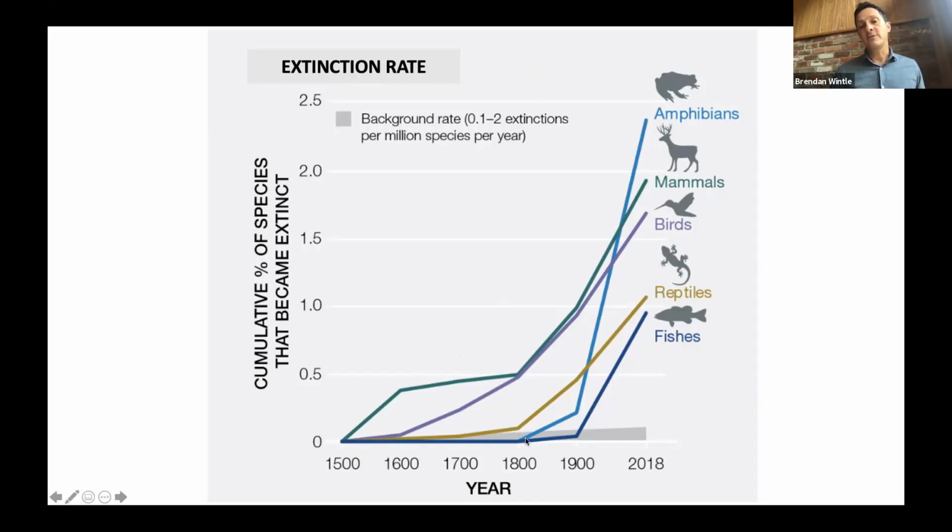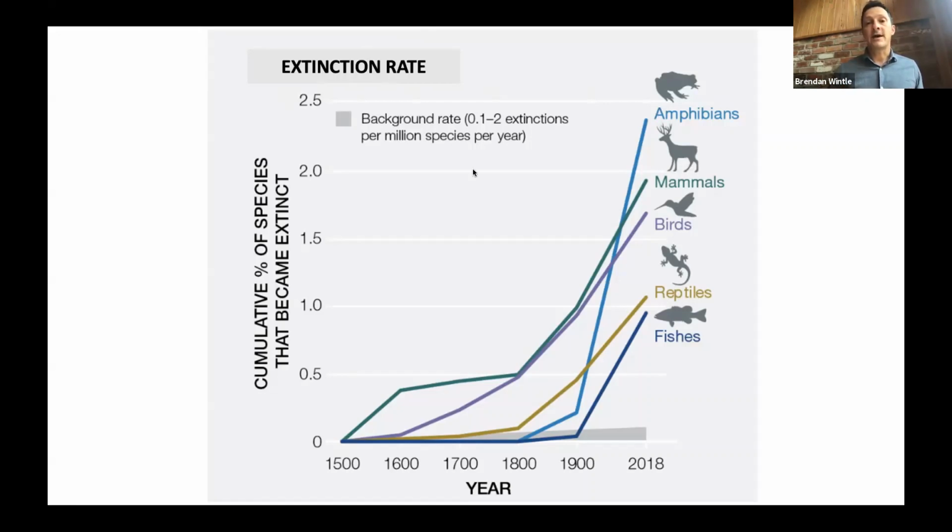Whereas if you look at amphibians, it's been a precipitous loss of amphibians since around the 1900s. Definitely, yes, habitat loss, but obviously disease, chytrid fungus and other things has really pushed many amphibian species over the edge. And so you can see now that we've lost nearly 2.5% of the amphibian species that existed in 1500.